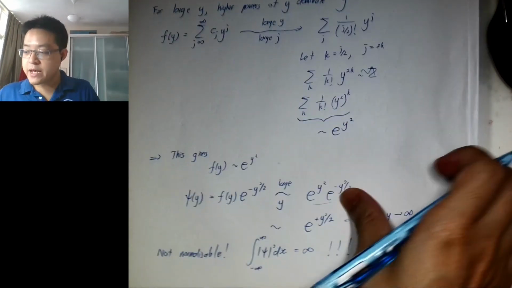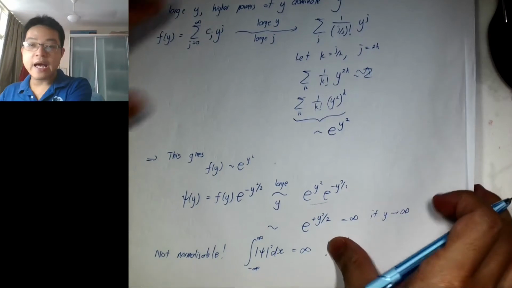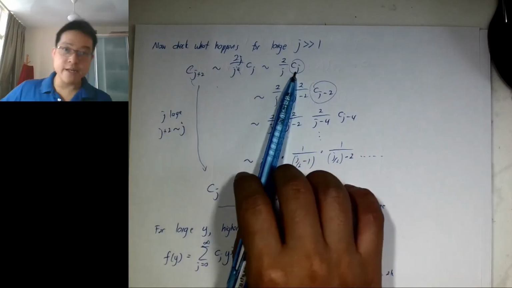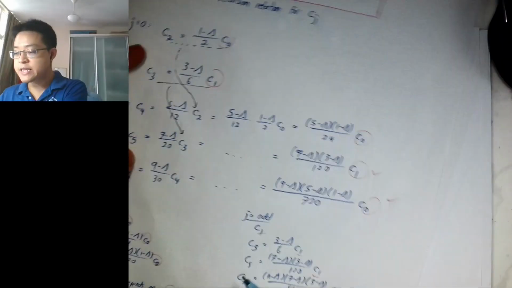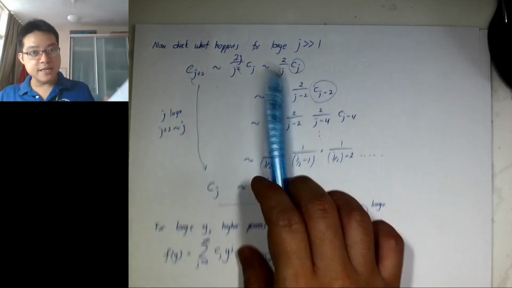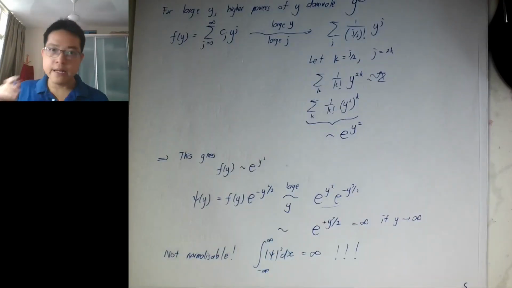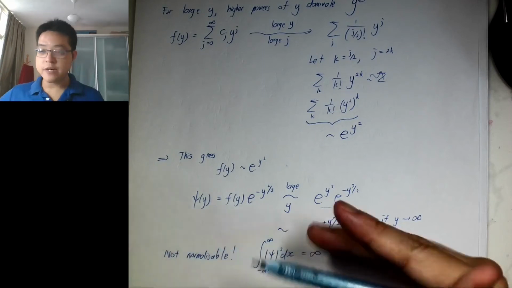This is why we did asymptotic analysis. We already identified this problem just by looking at large j. We didn't need to calculate all the individual j. We just say that if j is large, this is going to happen, and we identified the problem right then.